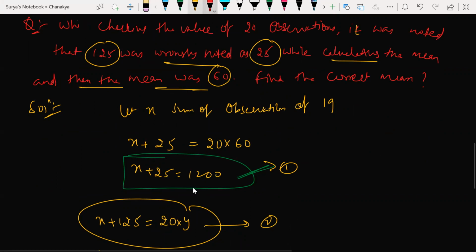While checking the value of 20 observations, it was noted that 125 was wrongly noted as 25 while calculating the mean, and the mean was 60. Find the corrected mean.